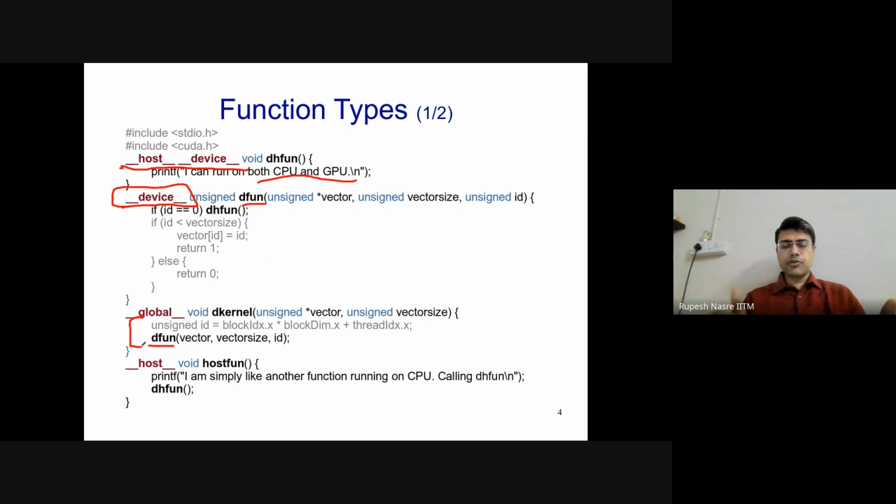Each thread is executing this code, so each thread essentially calls this function. That is how we should view this. In a similar manner, the host is anyway sequential. So when you call a host function, that is going to be sequentially executed by that particular call. It's more like a jump instruction which starts executing.